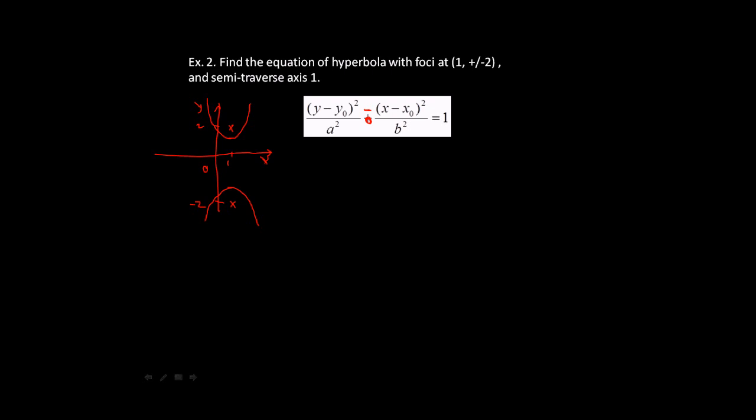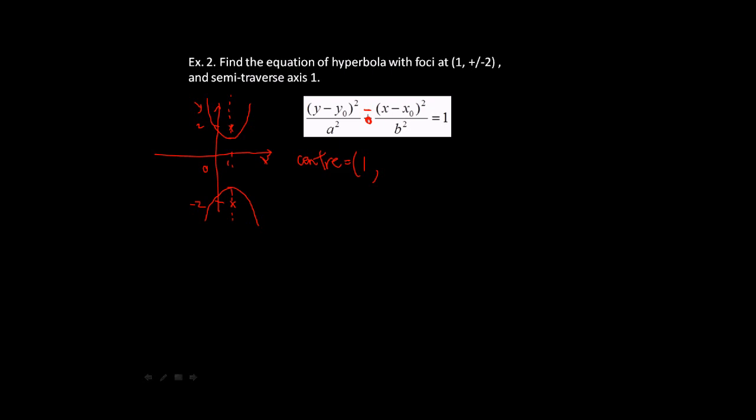So to begin with, as always, we want to find the center because the center will give us y naught and x naught. So what is the center? We know that the center will lie on the same line as the two foci points, right? So the x coordinate of the center will be 1. And the y coordinate is the y coordinate of the midpoint of the two foci points.